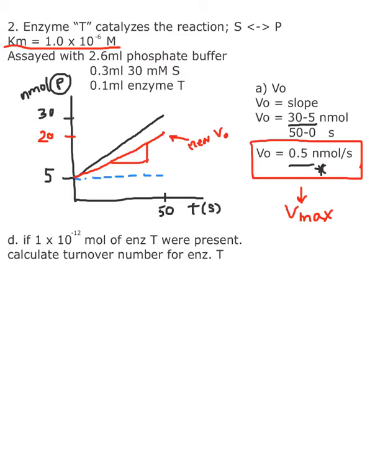So per second it needs to convert 0.5 nanomoles of substrate, and 10 to the negative 12 mole is also less than 0.5 nanomole. So you would imagine that your enzyme needs to work multiple times in order to conduct the conversion of the substrate at that rate of Vmax.